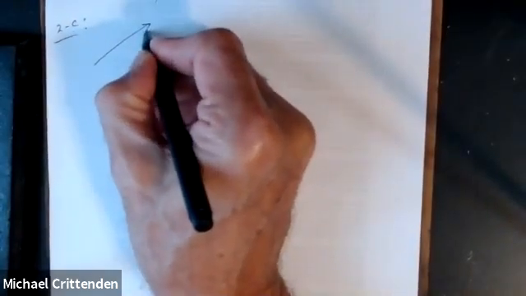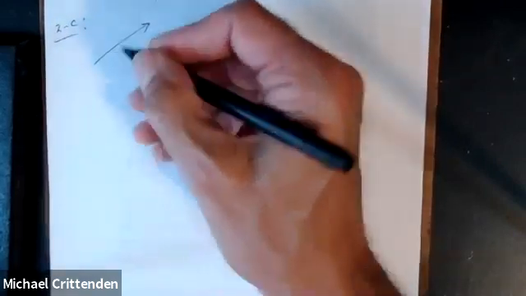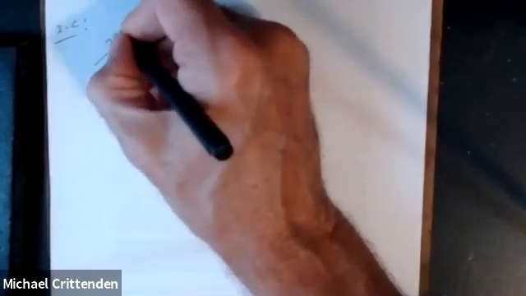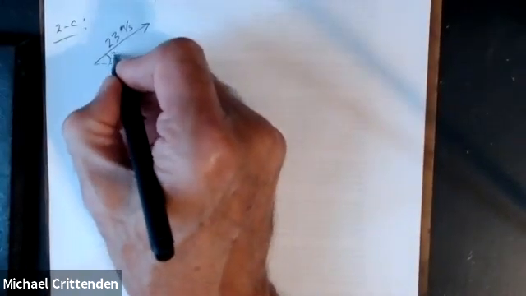The question describes the initial velocity. The ball was thrown, here's the initial velocity. It was thrown with a speed of 23 meters per second. And the direction at the moment it was thrown was 37 degrees above the horizontal.